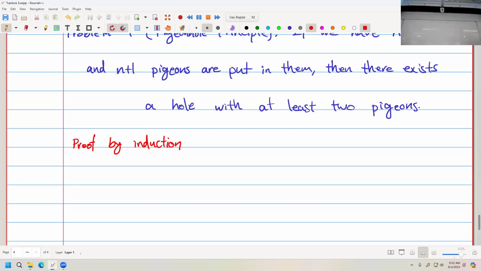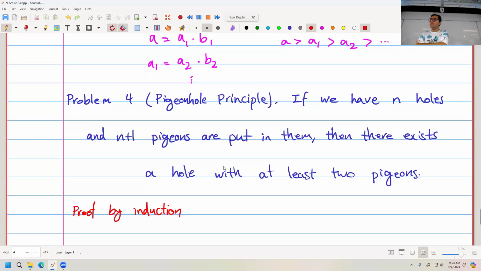But here's the part where things get a little bit weird. So what happens if n is 0? Just doesn't make any sense, right? So I have to say this only for n's that are greater than or equal to 1. But that's fine. That just means that the base case of my induction should not start from 0, it should start from 1.